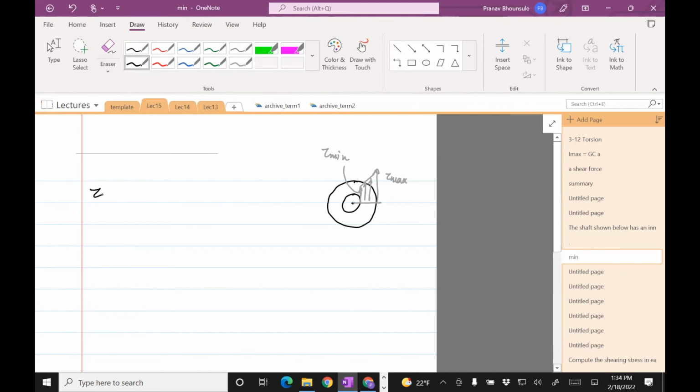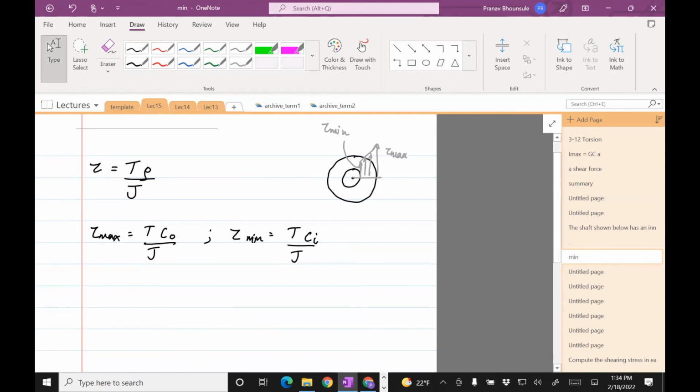Okay, so what's the formula? We need to use this formula. Torque equals T rho divided by J. So tau max is T C outer divided by J, and tau minimum is T C inner divided by J. So T is, in this case, the torque at the shaft BC, which from the previous figure, we saw was 20 kilonewton meter.